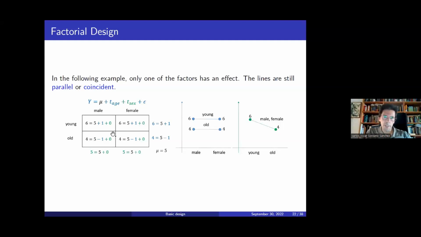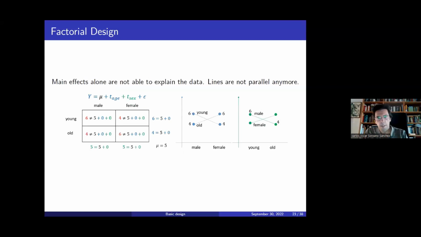So for this example, we would say, okay, there is a difference in age, but there is no difference in sex. And let's say that this is a different experiment, and now my observations are 6, 4, 4, 6. And now when I try to do this decomposition, what I see is that the average of young animals is 6. Sorry, is 5. There is a mistake here in the slide. So it is 5, and the average of all animals is also 5, and the same for males and females.